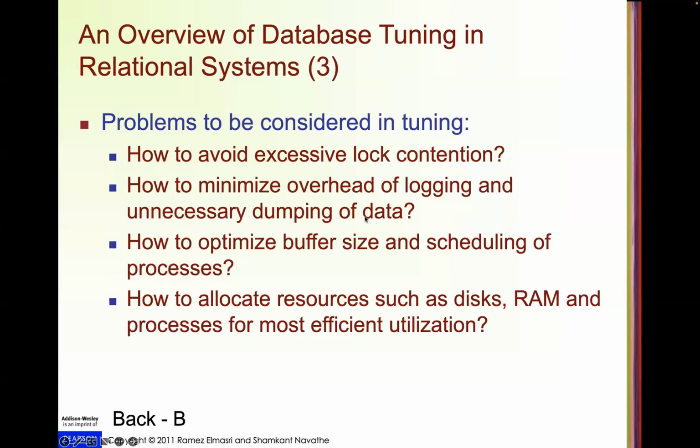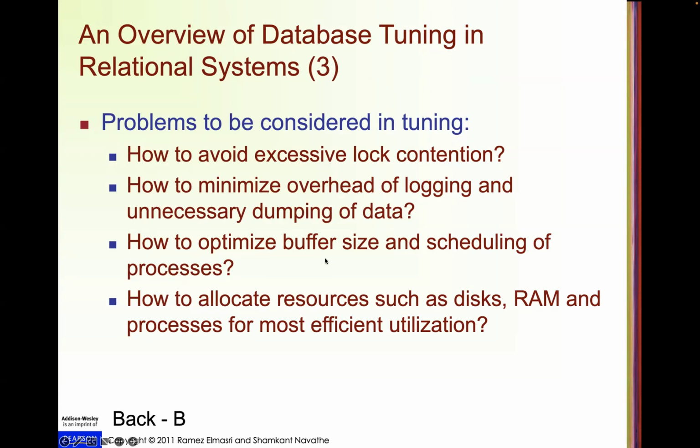In many cases, we try to store data that is not used or that will not be useful for the database user, or we might not use it even for the DBMS purposes. So the DBA has to see how those overheads can be minimized for the data that is not necessary. Third one, how to optimize the buffer size and scheduling of the process.